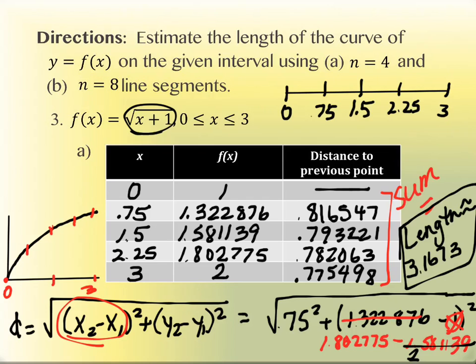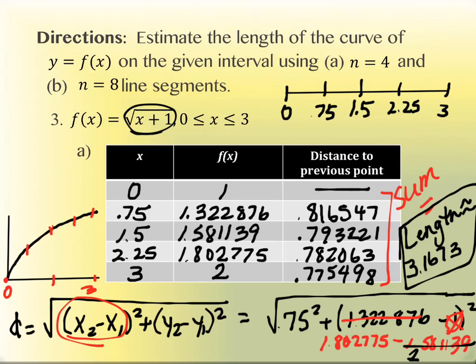Is everybody with me? So if we want the length from 0 to 3, and we've got each of these 4 individual lengths, what do we do? We add them together, exactly. So we take the sum of these 4 very long 6-digit decimal numbers over here, and we add them together.